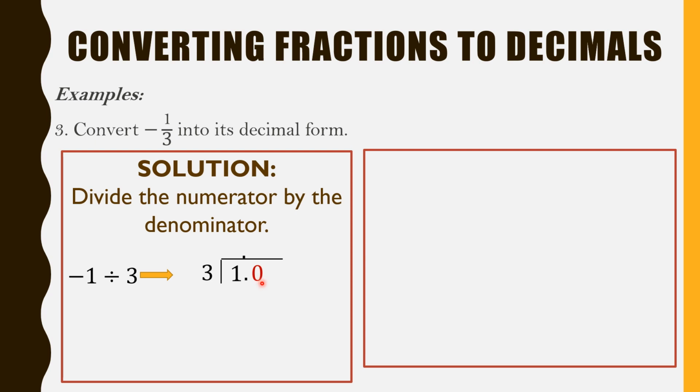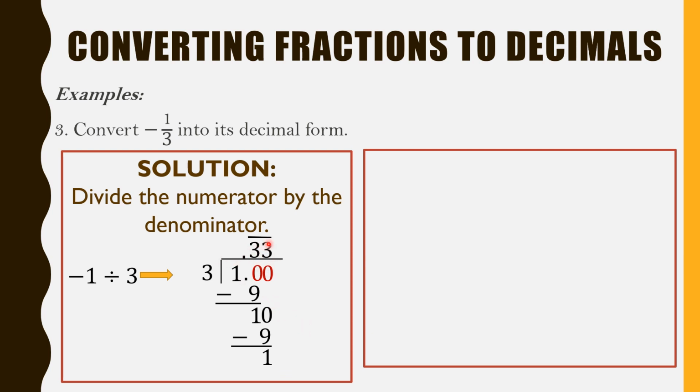Now we have 10 divided by 3 is equal to 3, and then 3 times 3 is equal to 9. We subtract them, the result is 1. We again annex a 0 and get a 10. 10 divided by 3 is again 3. So it is a continuous process, and 3 here is repeating.